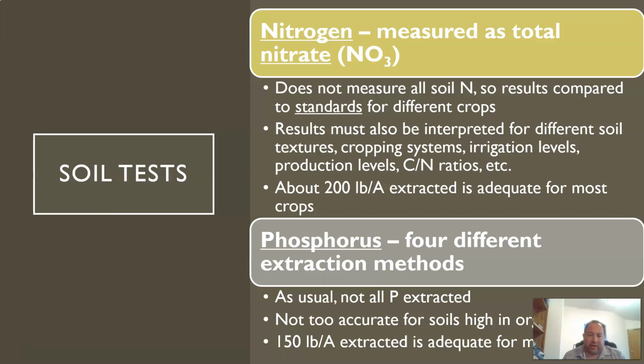So you kind of just compare it to a standard that you have. About 200 pounds per acre extracted for nitrate is adequate for most crops, whereas for phosphorus, there's 4 different methods to test. It's not too accurate if the soil is high in organic matter, but your standard is 150 pounds per acre for most crops.